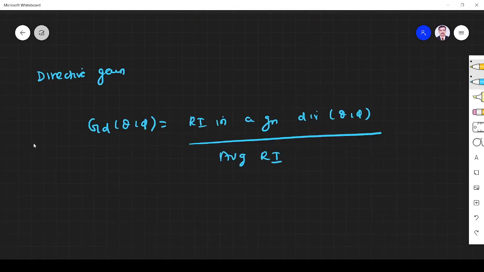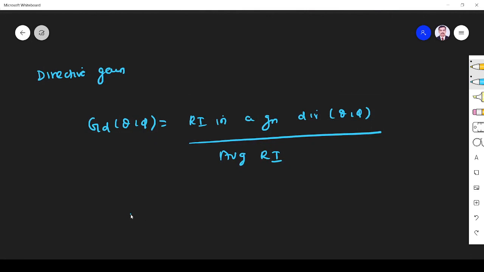I can write directive gain as the radiated power multiplied by 4 pi r squared.